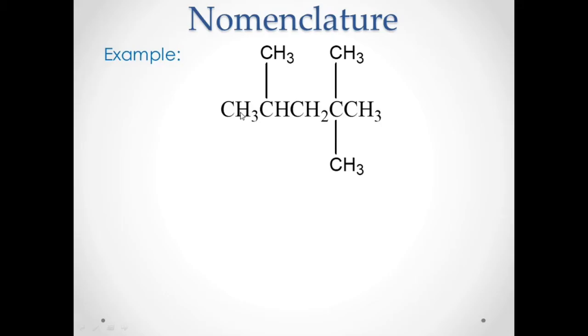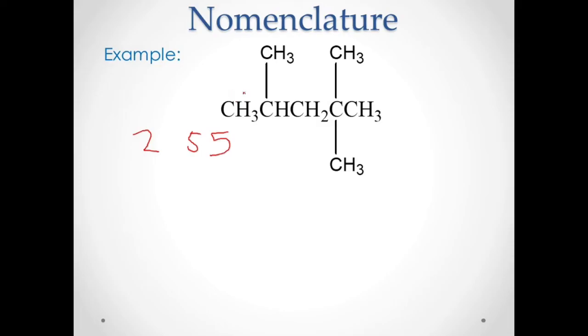And you should also know that rule number 2 is that you should make sure your substituent attains the lowest number. So if you number this way, 1, 2, 3, 4, 5, your substituents would have carbon number 2 and 5.